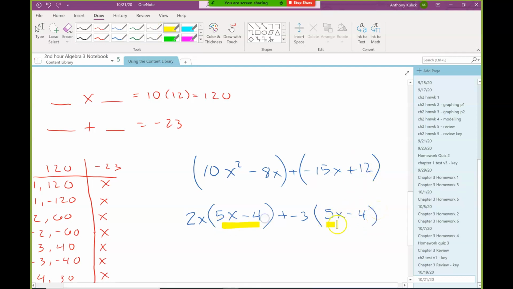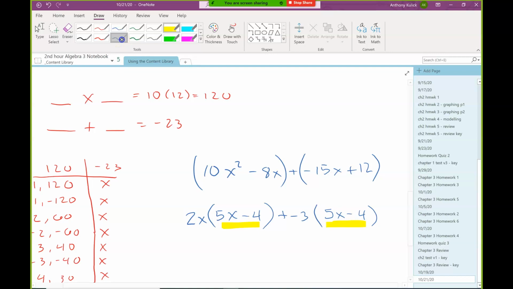Notice that if I didn't take a negative 3, these two parts wouldn't be the same, and we'd be stuck at the next step. So because I knew what I was looking for, 5x minus 4, I knew on the second part I was going to need a negative 3 rather than a positive 3. Is that okay with you?